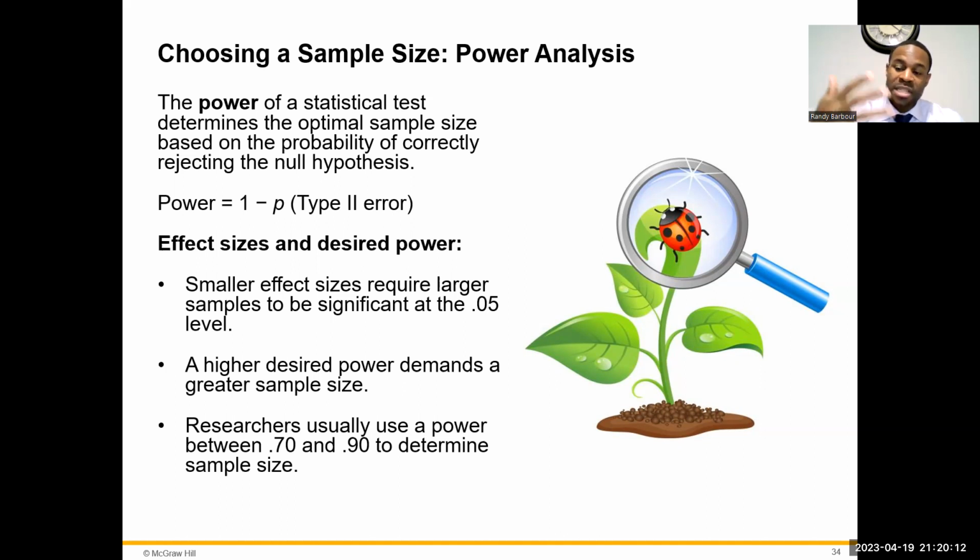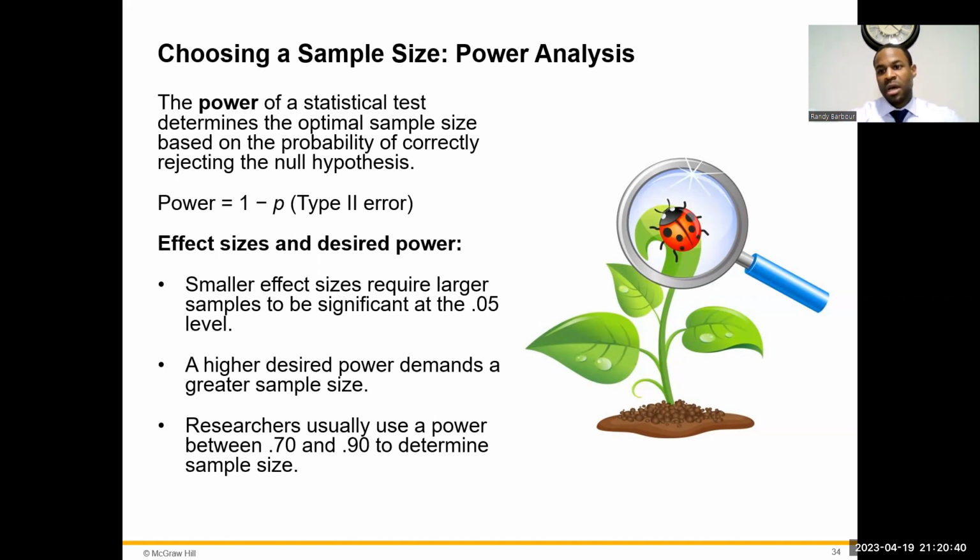So when I want to increase power, I have to increase the sample size. Smaller effect sizes are going to require larger samples to be significant at a 5% significance level. And a higher desired power demands a greater sample size, okay?